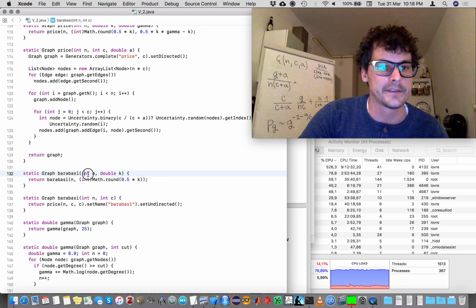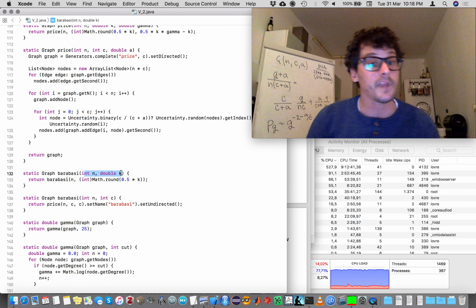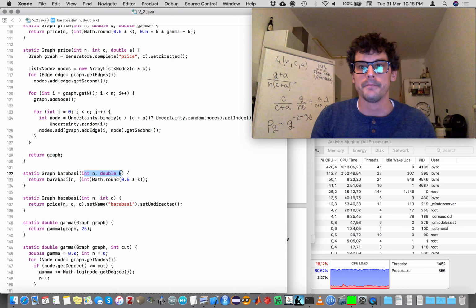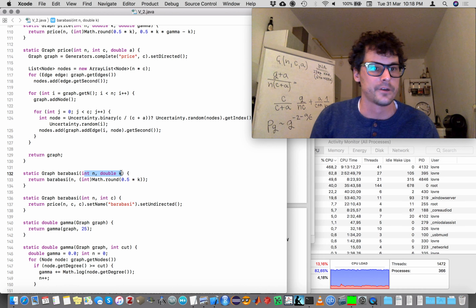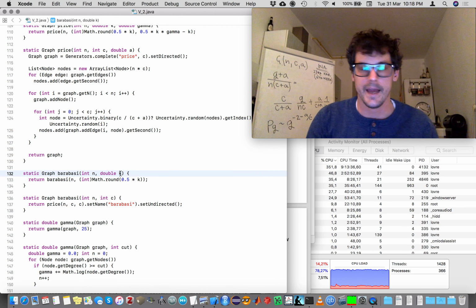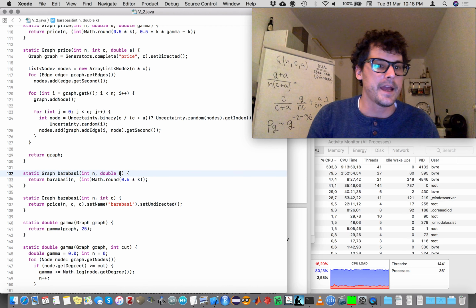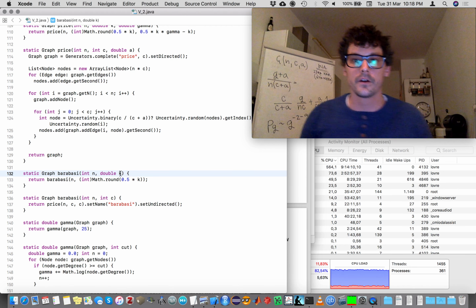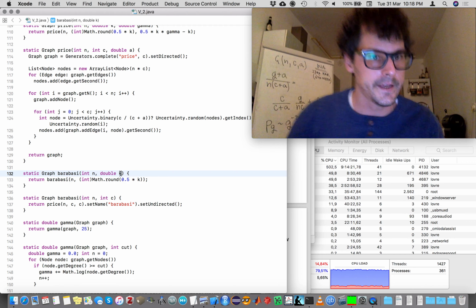And here at the top, we are again making more convenient parameters for generating such a graph, which are the number of nodes and the average degree. And this is basically the only really relevant code here.